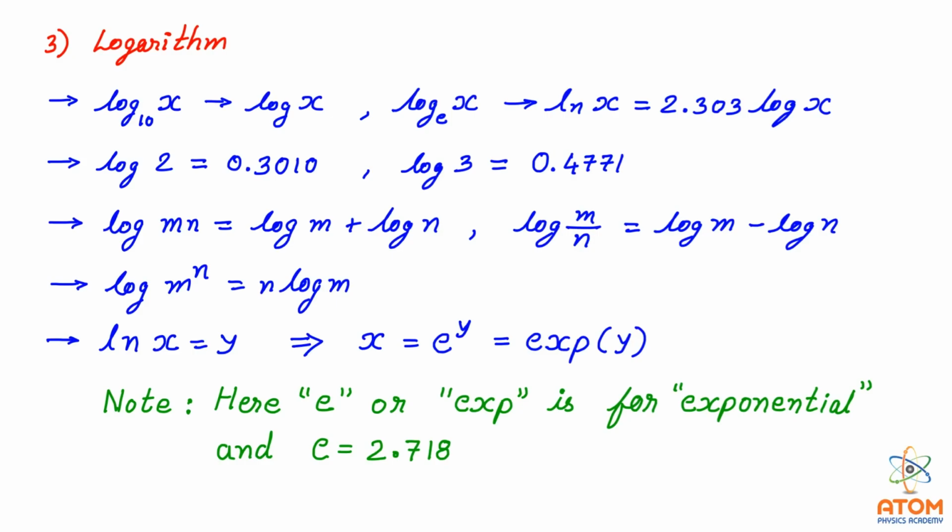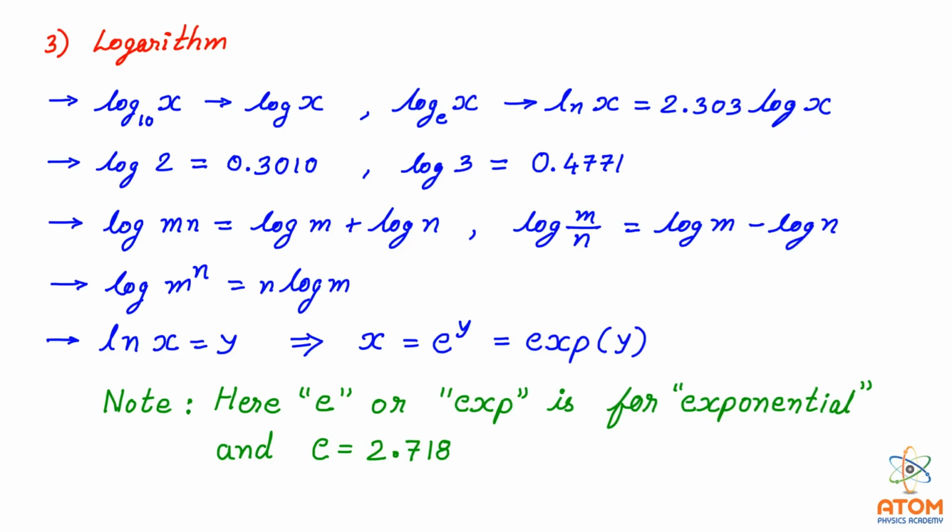So we need a relation between ln x and log x, and here it is. This is the relation between log x and ln x. ln x is 2.303 times log x. You have to remember this.